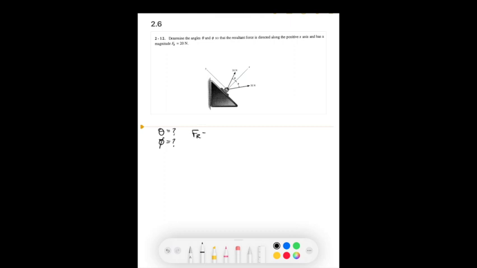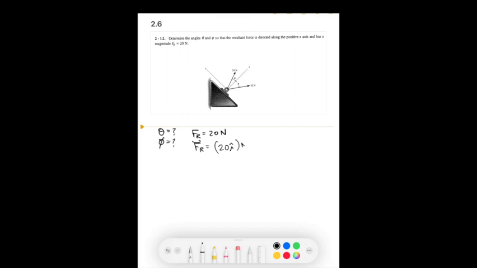We know that the resultant force has a magnitude of 20 newtons, and it only acts in the positive x direction. In other words, we can write it in vector form with only the unit vector i in the x direction, with no j.